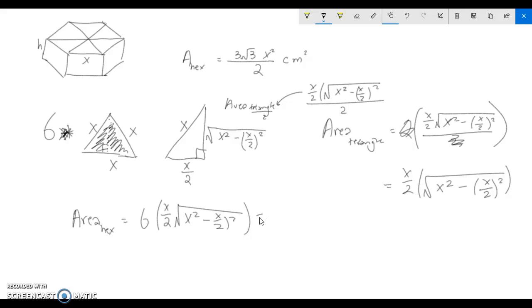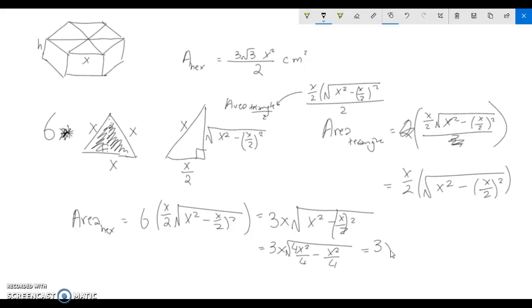That gives us 3x times the root of x squared minus x over 2 squared, which equals 3x times the root of x squared minus x squared over 4, because I squared the x over 2 already.